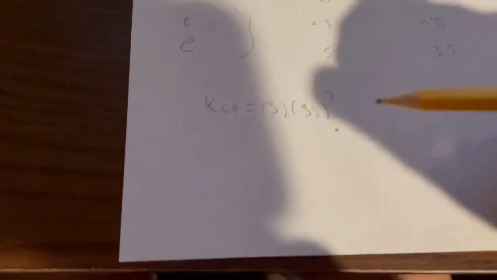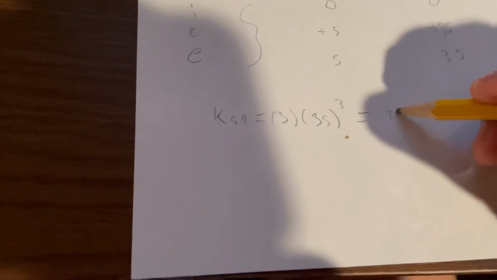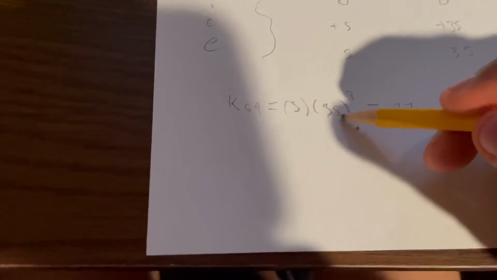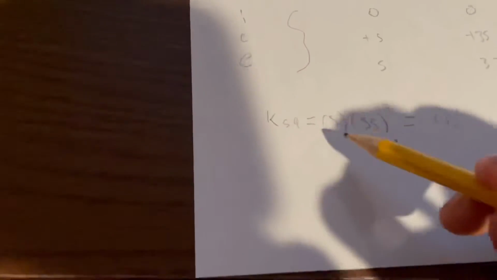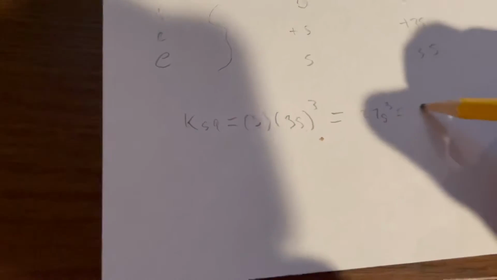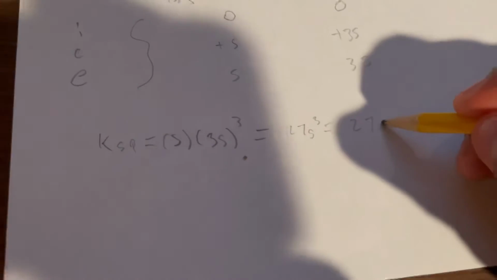To do this, we cube this one first. 3 times 3 is 9, times 3 is 27. So we got a 27 here, and S cubed. And since there's another S over here, that's 27 S to the 4th.